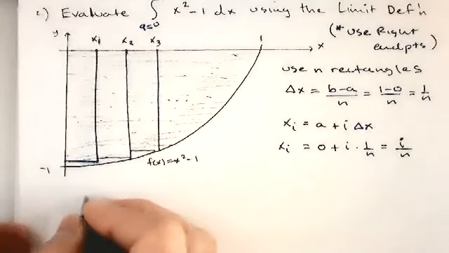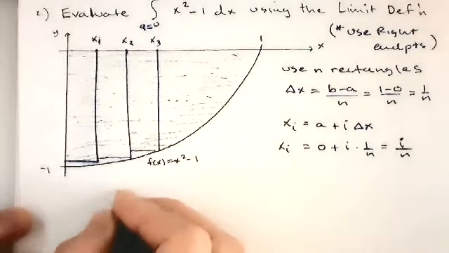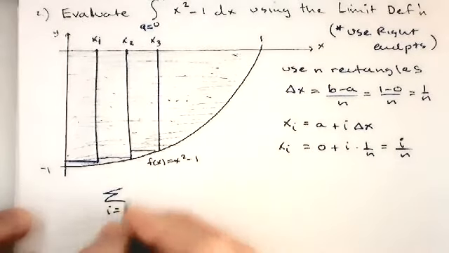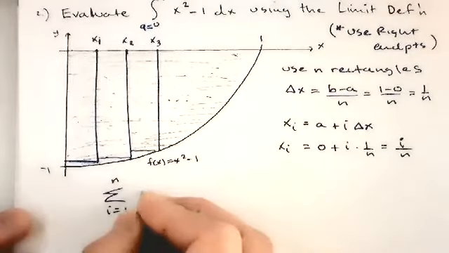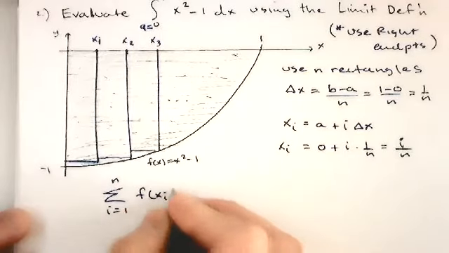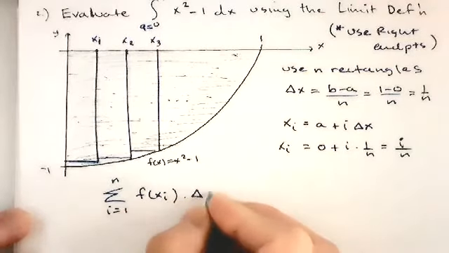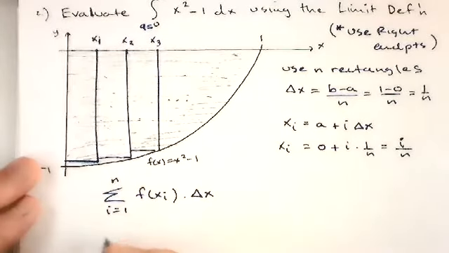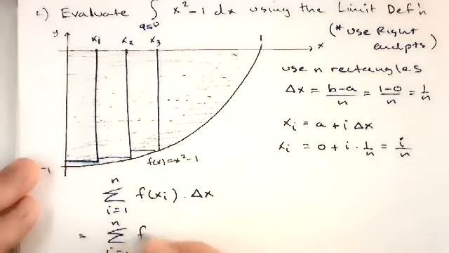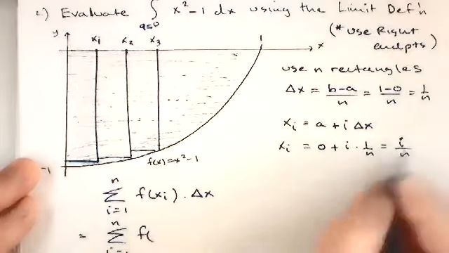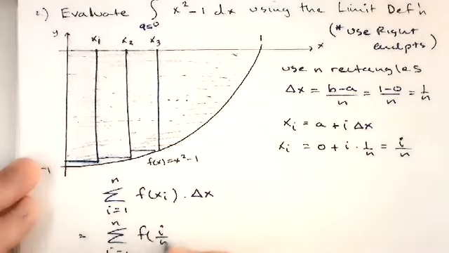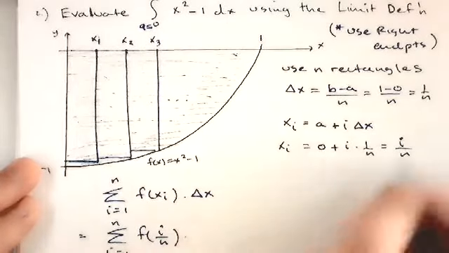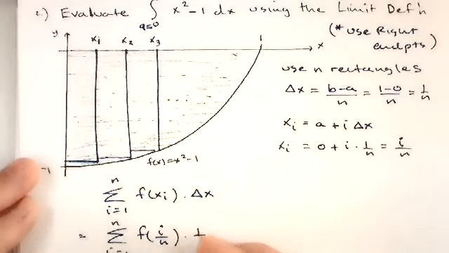Our Riemann sum is the summation from 1 to n of f of x sub i times delta x. So we have to do f of i over n times delta x, which is 1 over n.